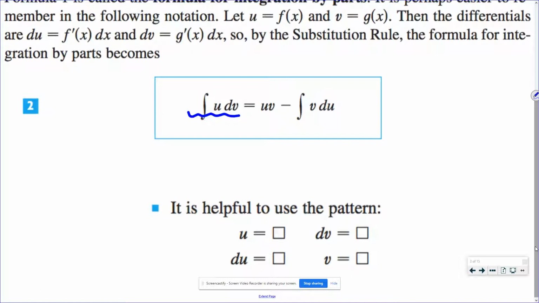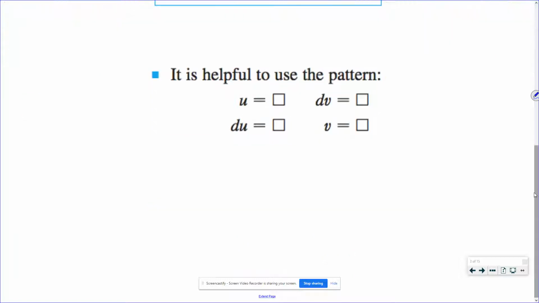And I'll explain what I mean here in a second. But your original question is going to be something is going to be called u and something is going to be called dv. Once you identify what those two things are, then you will use the right side of the problem to sort of solve, okay? To break it into something that's easy to integrate. It's kind of hard to explain without an example, so let's just get to it.